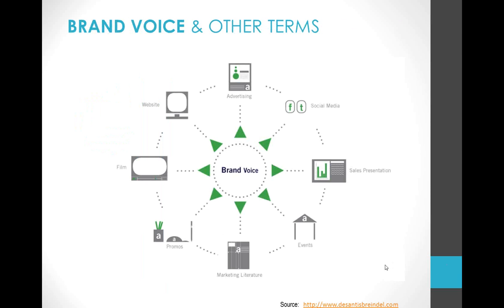So one of the important sections of the style guide is the brand voice and other terms. So what is the brand voice? The brand voice is basically what you sound like. Not necessarily the tone, but more so figuratively.